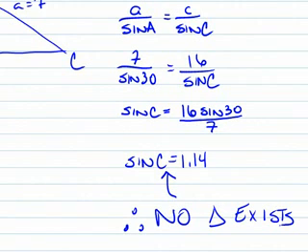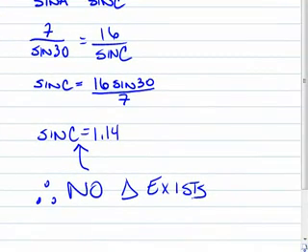Why no solution? Because we used the law of sines and we found that an angle had a sine that was outside the bounds. It was bigger than 1. That's not possible, so no triangle exists.